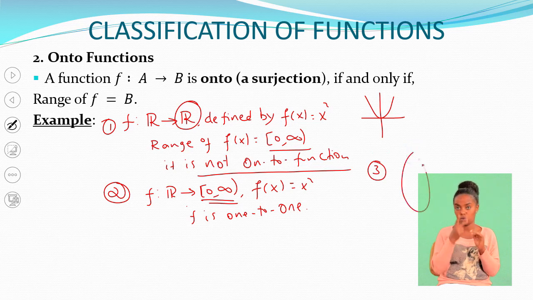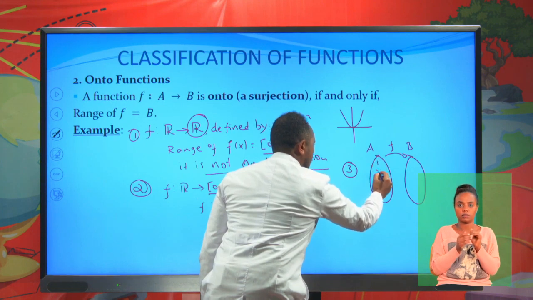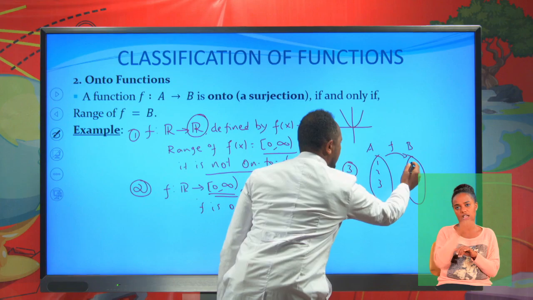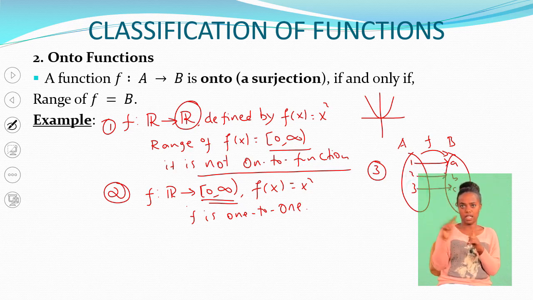Let me give you a third example. Look at this one. This is a function from A to B. Here we have 1, 2, 3, and here we have a, b, c, d. 1 is mapped to a, 2 to b, 3 to c.